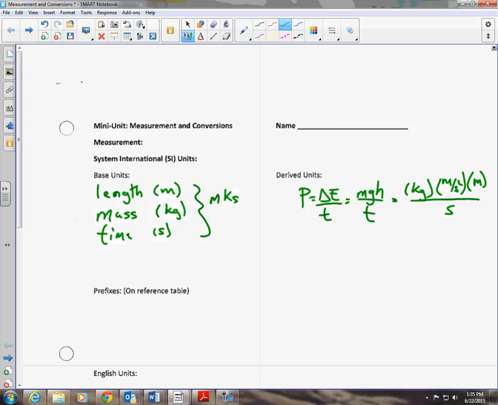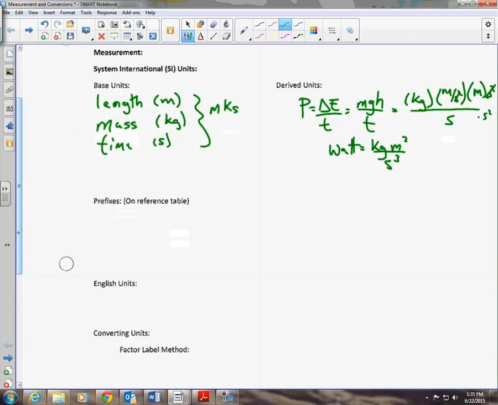So I know my unit for power is a watt, but if I look at this combination, I have kilograms, and meters times meters gives me meters squared. Then if I multiply the top and bottom by seconds squared, it cancels here, and I end up with seconds cubed on the bottom. So a watt is a kilogram meter squared per second cubed. All of the units we use can boil down to kilograms, meters, and seconds.